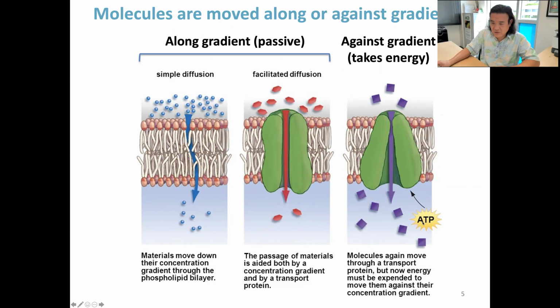A molecule of ATP has 3 phosphate groups on it. Those phosphate groups represent high energy bonds.